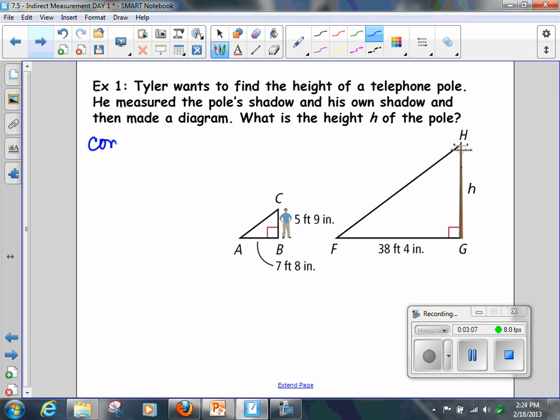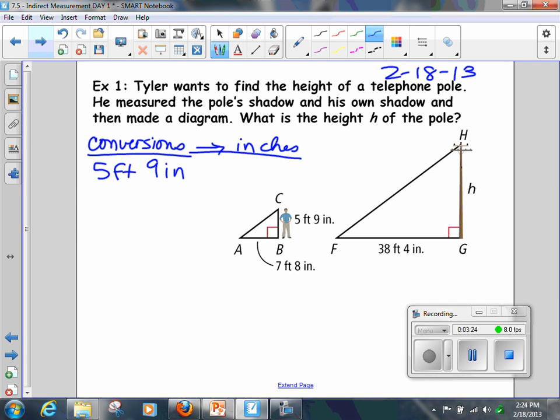All right, so let's make some conversions. Okay, this is 2/18. Be sure you put the day's date on the top of your notes. So let's convert 5 feet 9 inches to just all inches. We got to do a little prep work before we start figuring out how tall this light pole is.